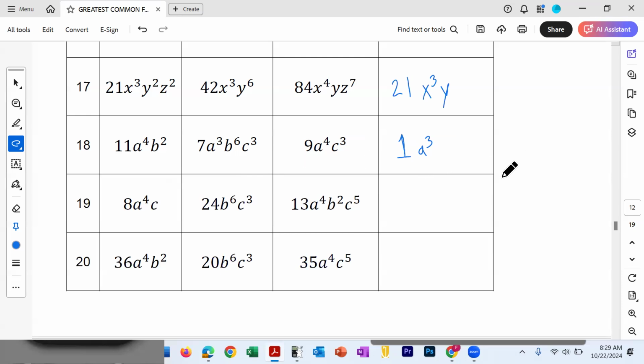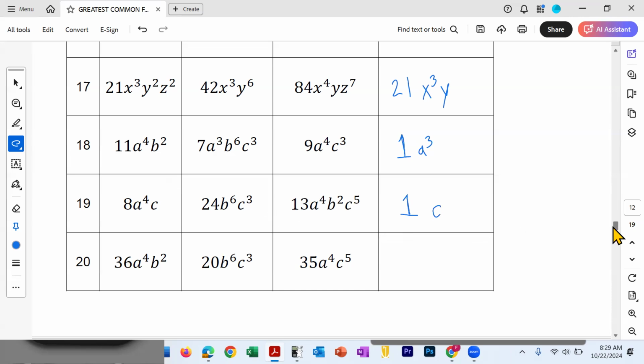Stop right there. Stop right there. Has to be common. 19. Come on, you got it? Yep. 1. Good. 1 what? C. Good. All terms didn't have an A, all terms didn't have a B, but they all did have a C, and that was the lowest exponent.